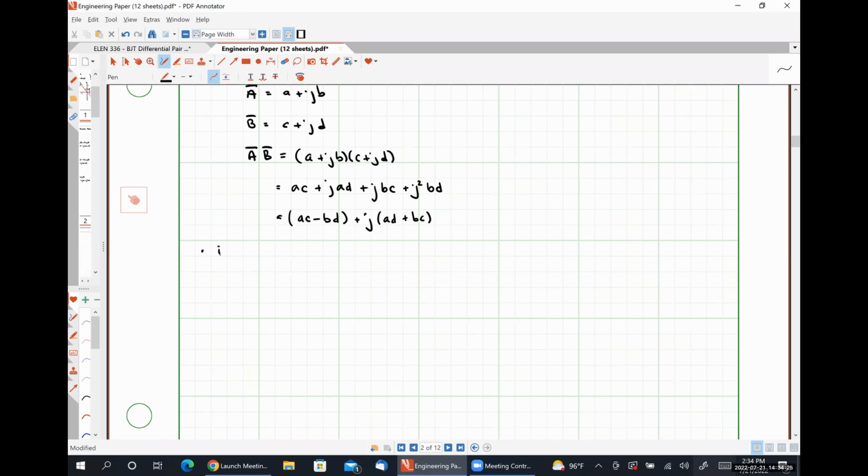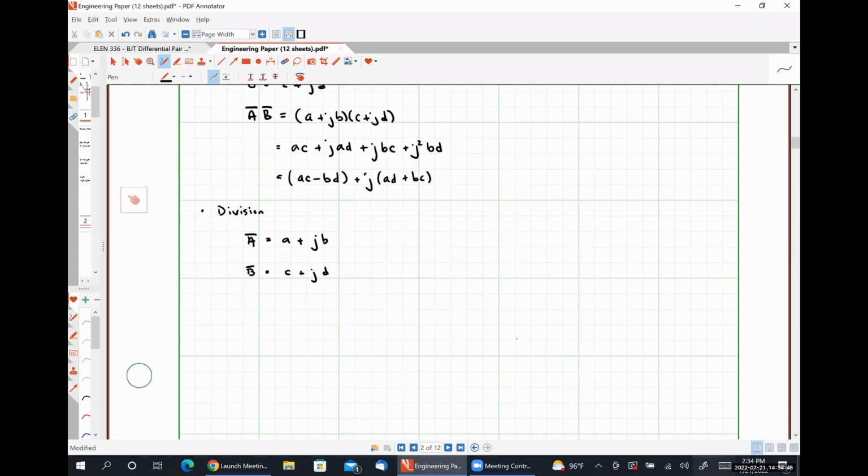Now, let's talk about division. So for complex number A equal to A plus JB, and complex number B equal to C plus JD, division A over B, and I'm giving myself some room here because I'll explain it in a second, would look like A plus JB over C plus JD.